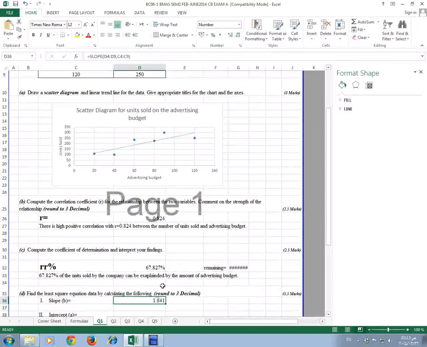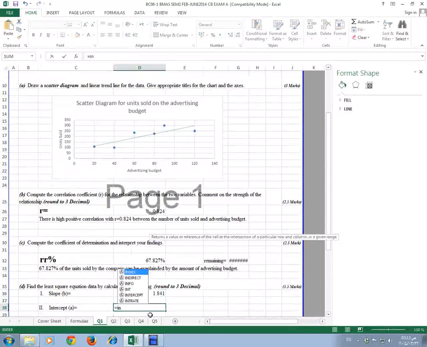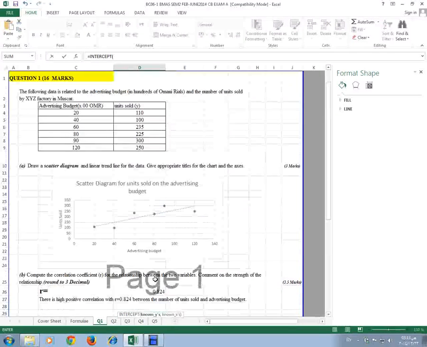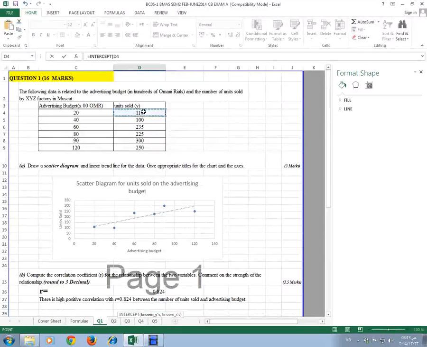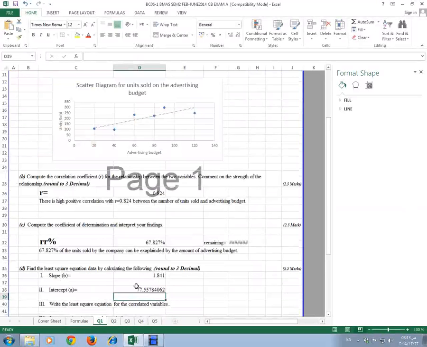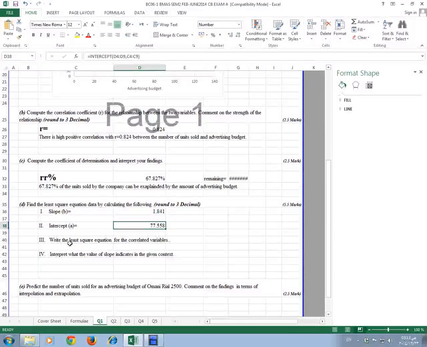The next one is the intercept. It is equal, enter, then you see there is INTERCEPT. It also needs first y, then comma, x, and press enter, to 3 decimal places. Now we want to write the least square equation.